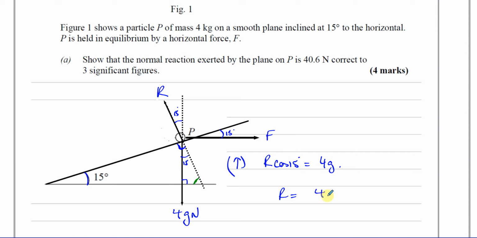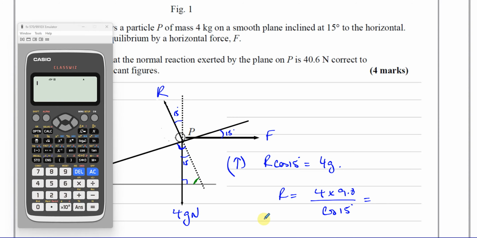R is 4 times 9.8 over the cosine of 15 degrees, and that should give us our answer. So we'll just put that in the calculator. 4 times 9.8, whoops, divided by the cosine of 15.